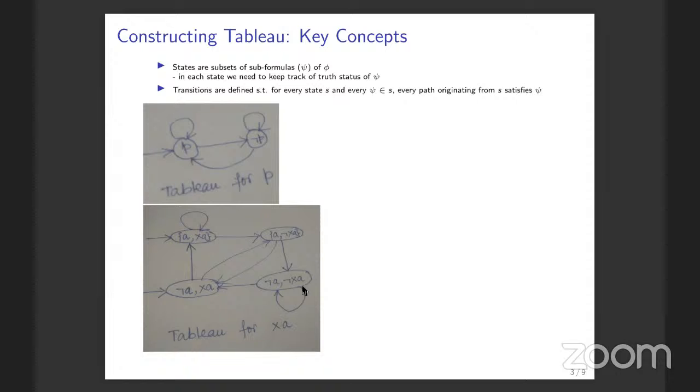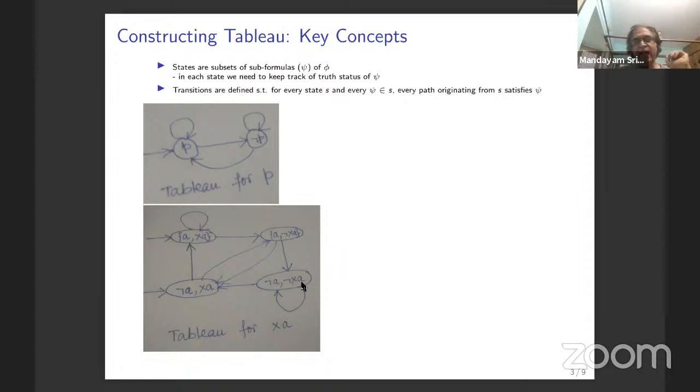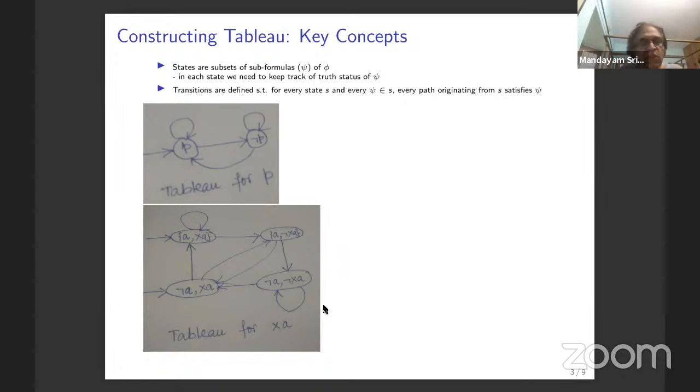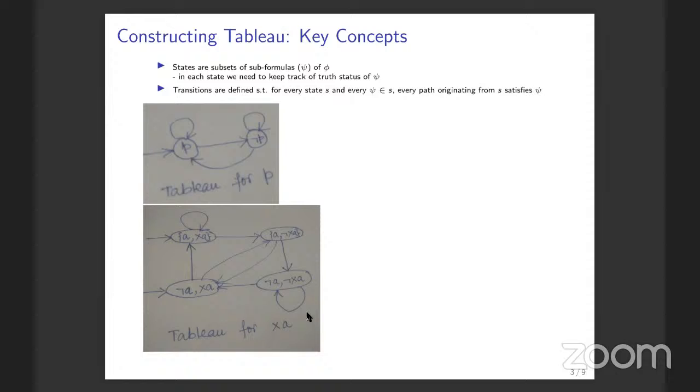That was my mistake. Okay, I got it. So not XA means that in the next state, A should be false, no? So that's one. Yep. Okay, so that's how it is constructed.